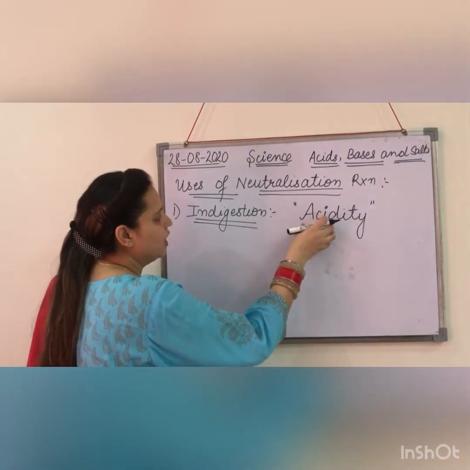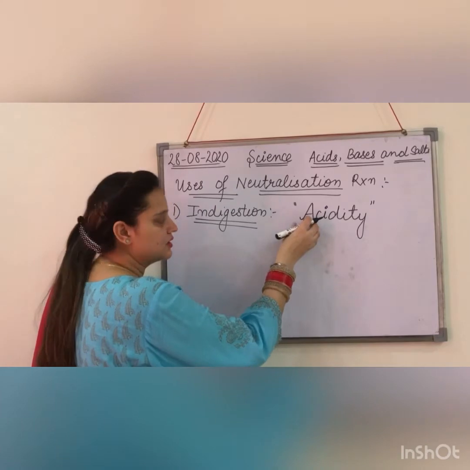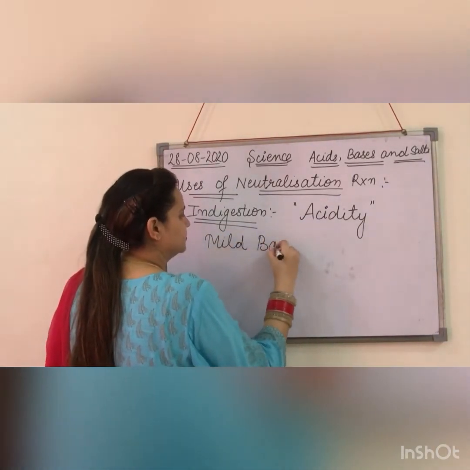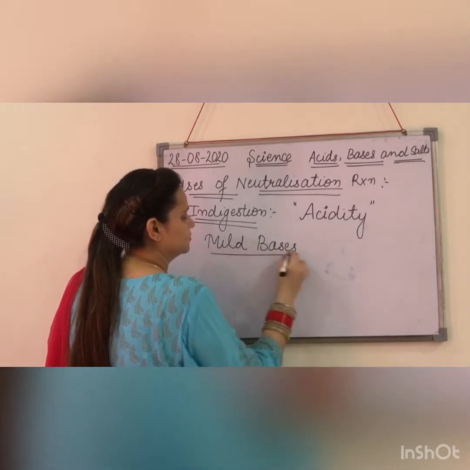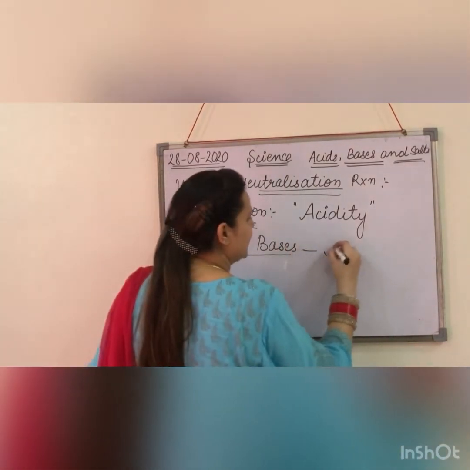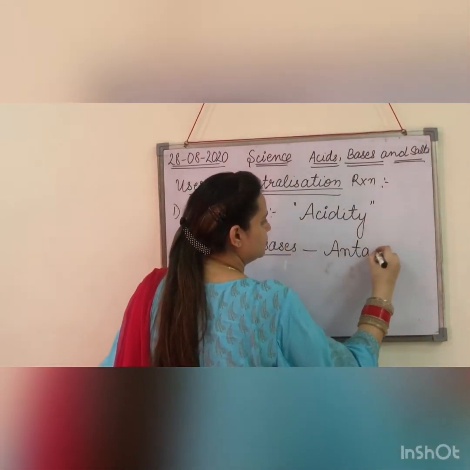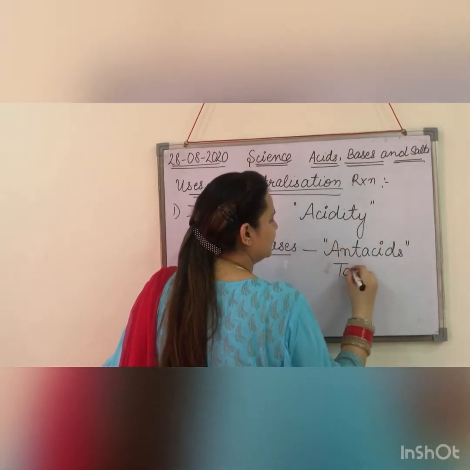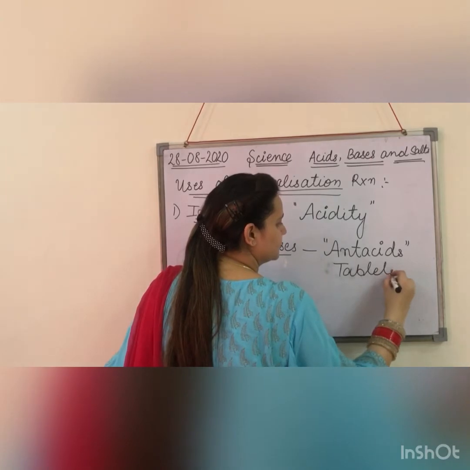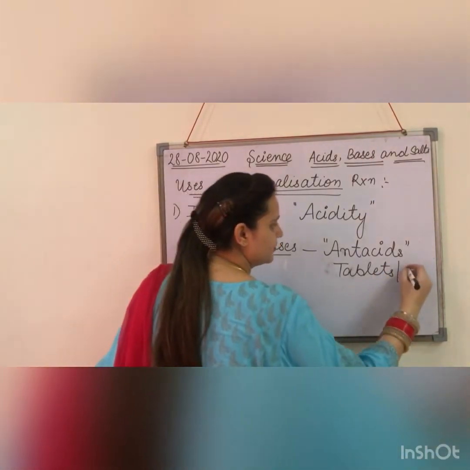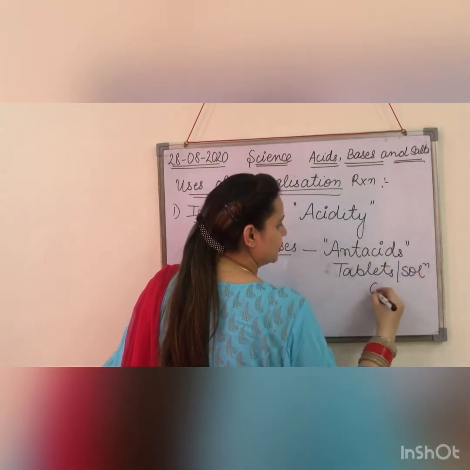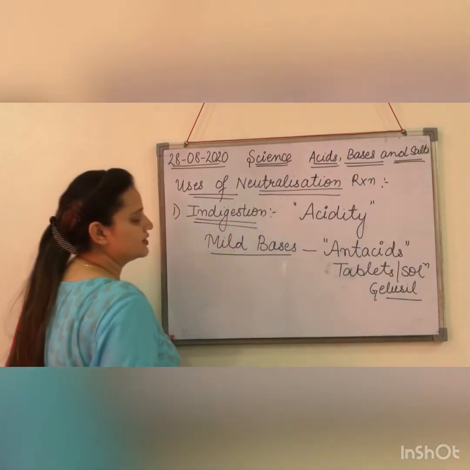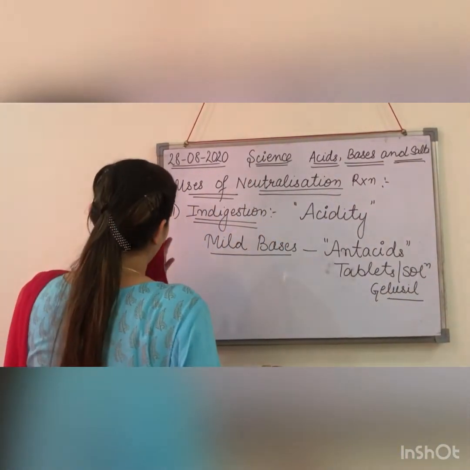So how are we going to get rid of acidity? We will be using some mild bases, which we call antacids. So we use antacid tablets or solutions like Gelusil. During acidity, we commonly use Gelusil.